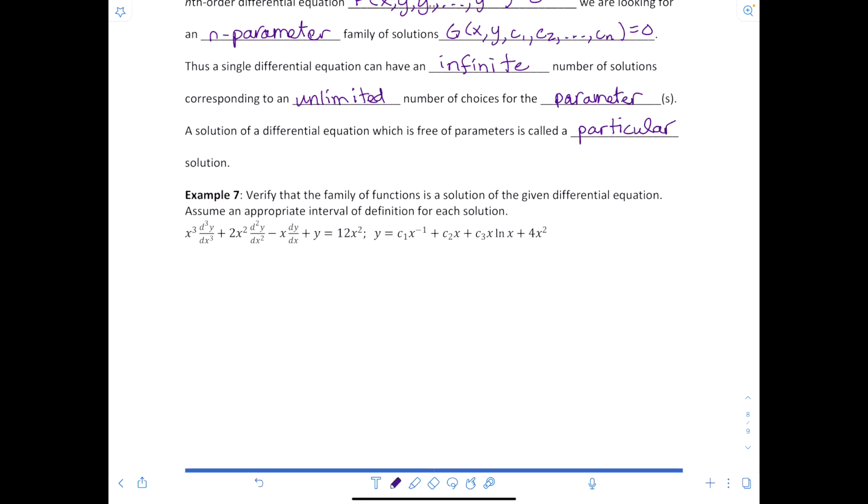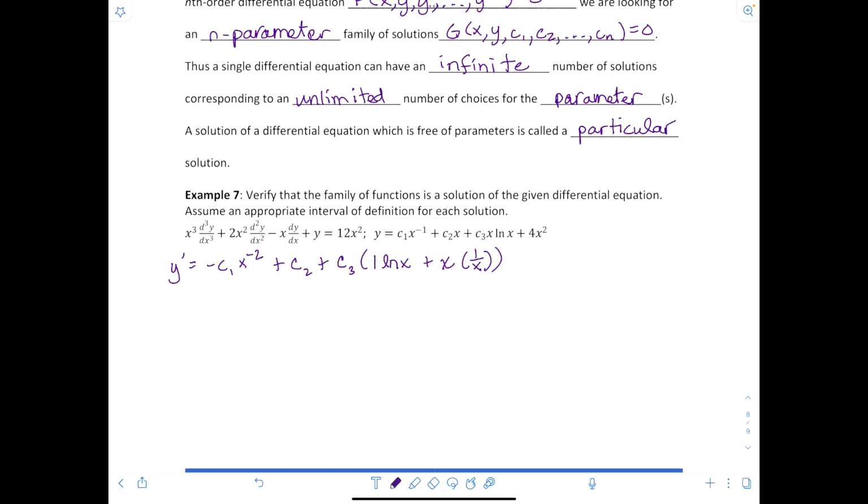All right, so y prime is going to be, using that power rule, negative c sub 1 times x to the negative 2 plus c sub 2, and then plus c sub 3 times the derivative of x times natural log of x with respect to x, which is going to be 1 times natural log of x plus x times 1 over x.